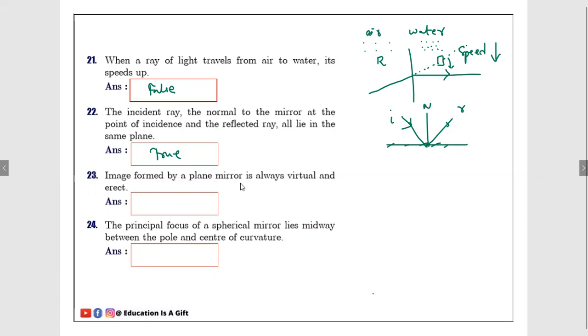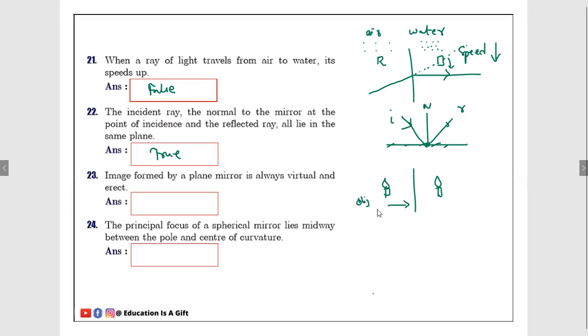Image formed by a plane mirror is always virtual and erect. This is a somewhat in-depth question. If you place an object in front of a plane mirror, you cannot always get virtual, same-size, erect images. Sometimes you can get inverted real images also, depending upon the placement of the object.